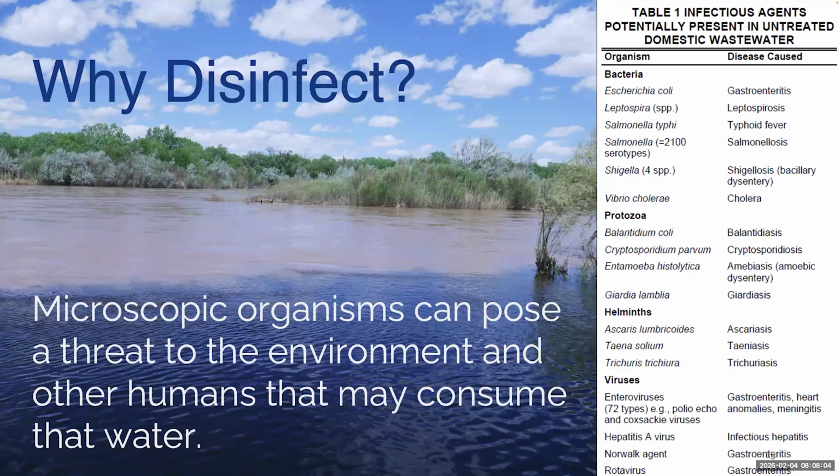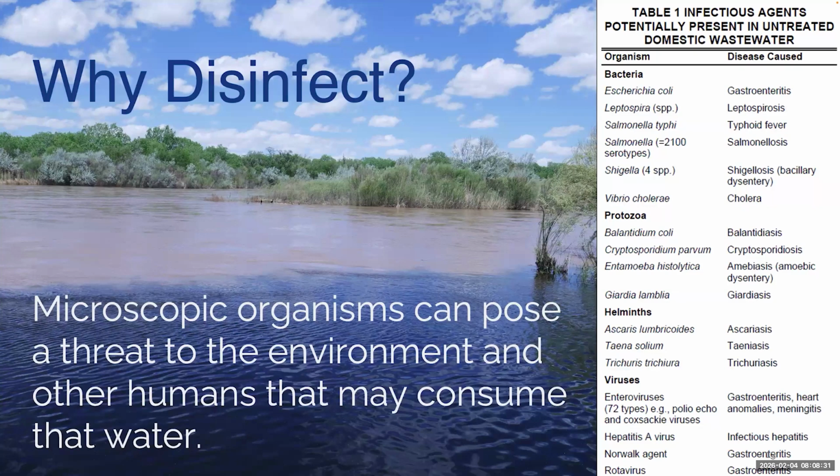The diseases will be familiar: typhoid fever, cholera, giardiasis, gastroenteritis, infectious hepatitis. These are all things that used to kill people on the regular before wastewater treatment was kind of the norm. The big five that you kind of have to pay attention to are cholera, dysentery, polio, typhoid, and hepatitis. But those are potentially in wastewater.